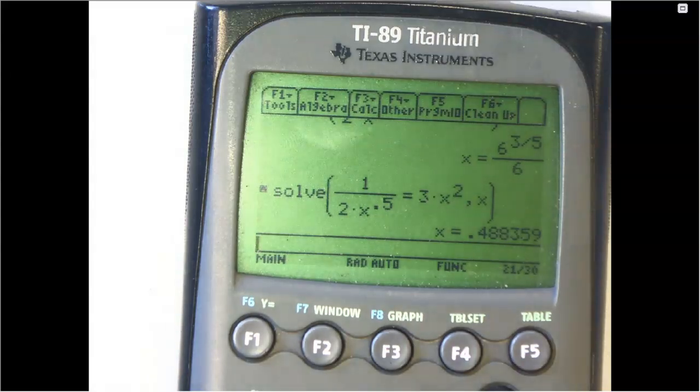So solve e to the x equals 12. Just make it up. e to the x equals 12. Tell me what x is.